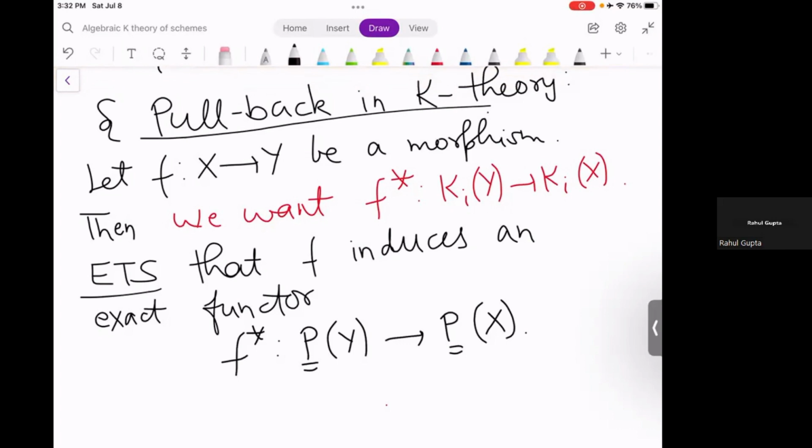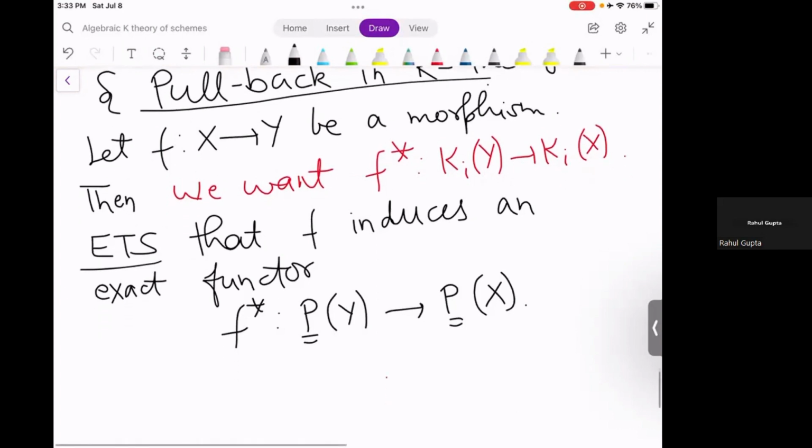If you have an exact functor between exact categories, then there is an induced map on K theories. I'm not sure how many of you have seen this because I did not find the notes on exact categories, but I will assume that.